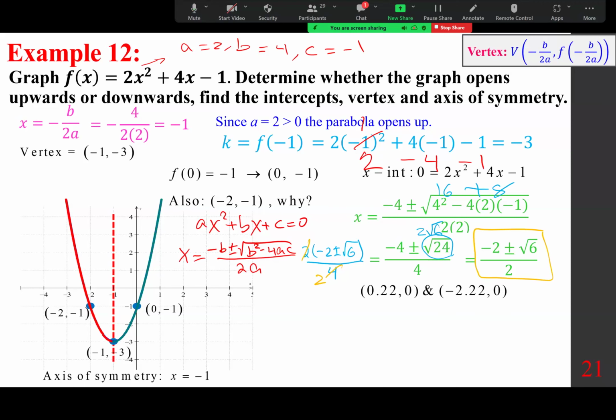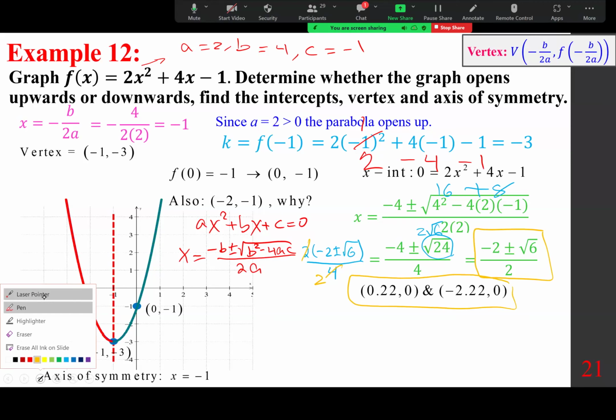So this is for the sake of the graph, roughly, okay, class? But the precise answers are minus 2 minus square root of 6, which is roughly negative 2.2, 0, and minus 2 plus square root of 6, which is positive 0.22.